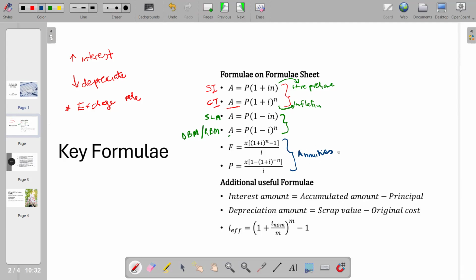For example, if you are paying 100 Rand per month, it's an annuity. Unlike these two, which we use for a lump sum investment, these ones we use when we are dealing with annuities.